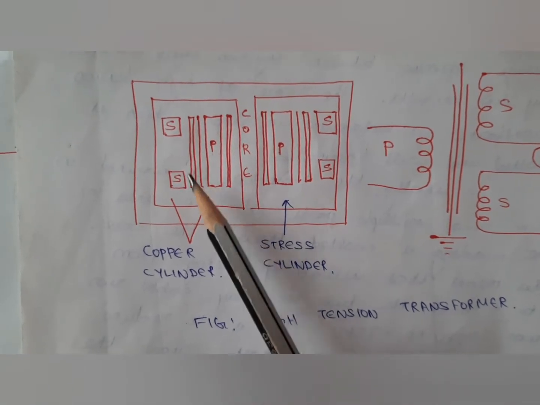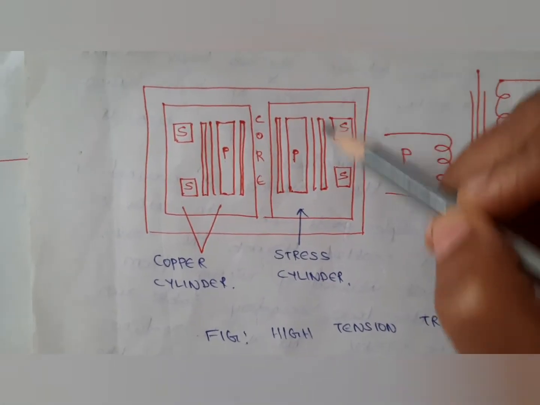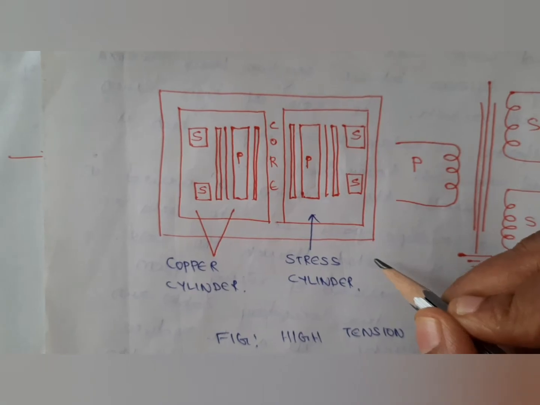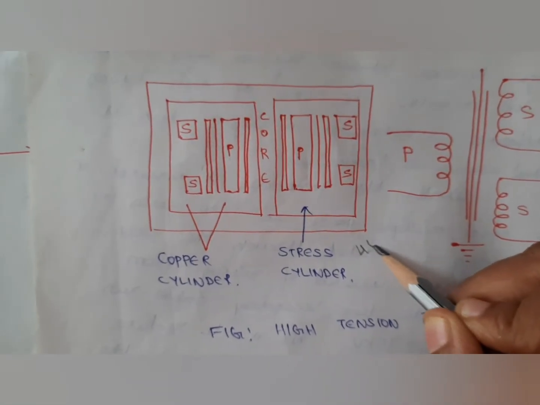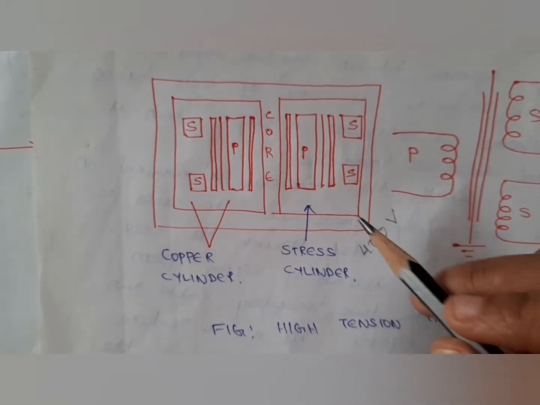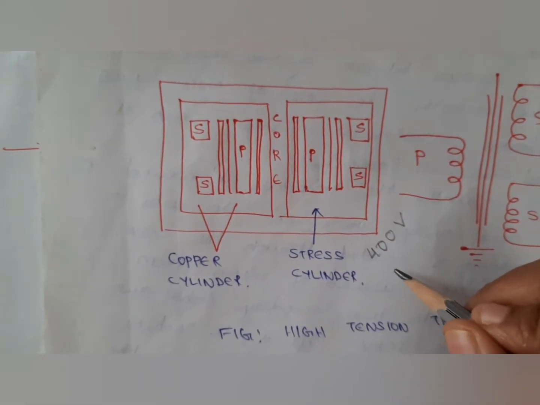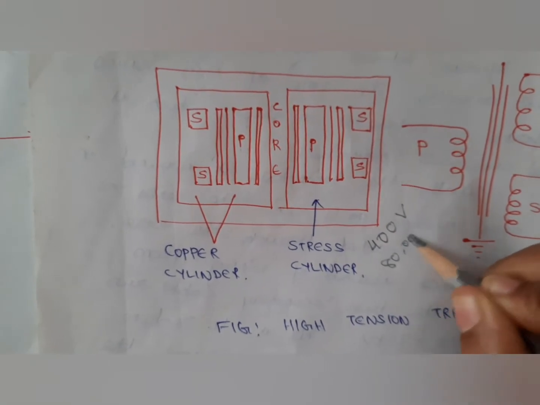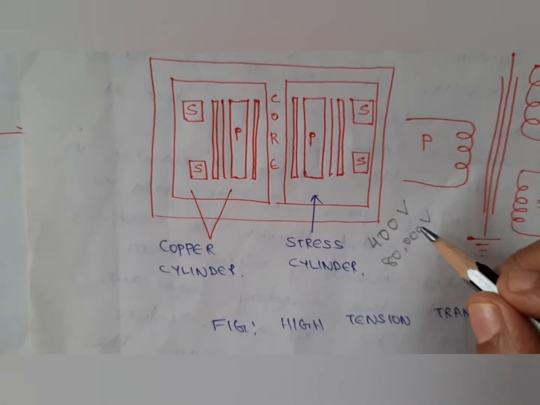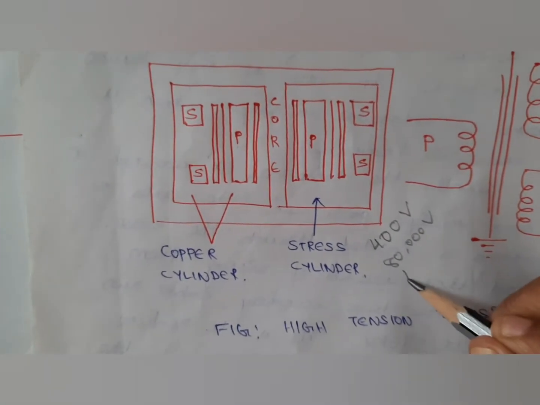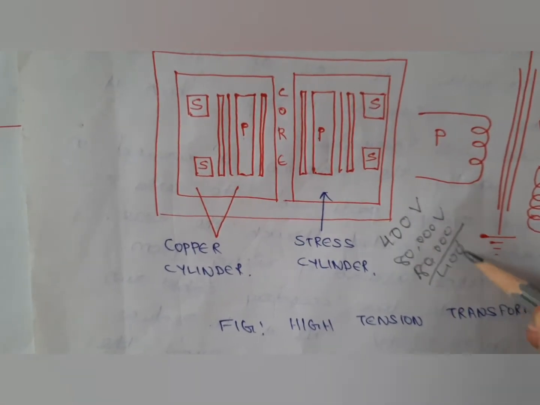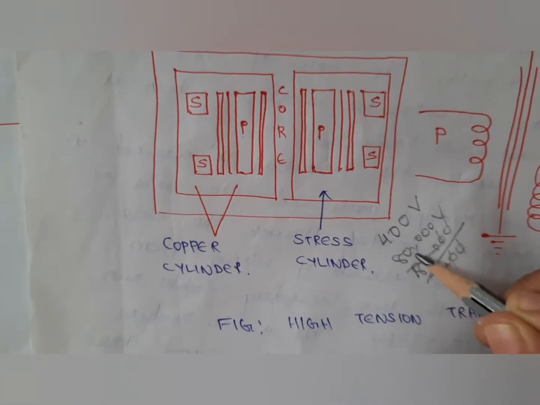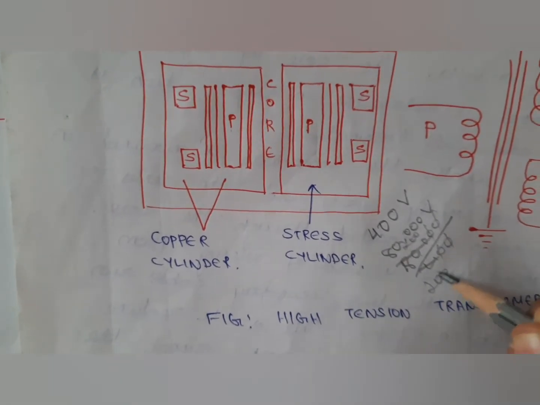For example, if you are applying 400 volts to the primary coil, and if you want to get, say, 80,000 volts in the secondary coil, the voltage ratio will be 80,000 divided by 400. So here you will get 200 as the answer.